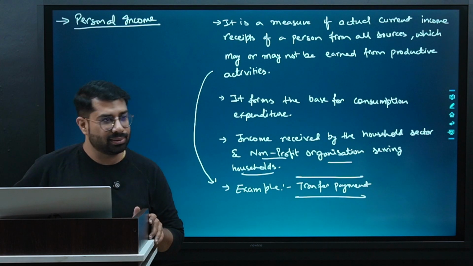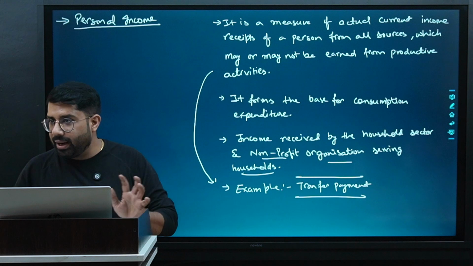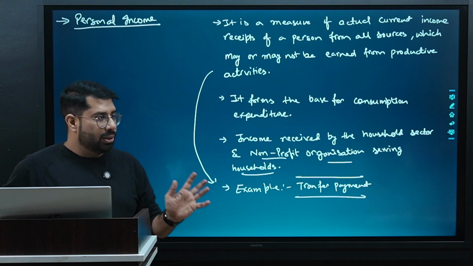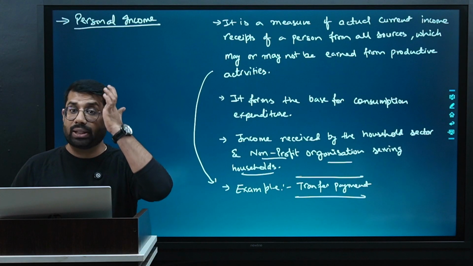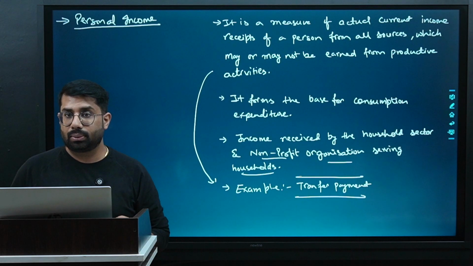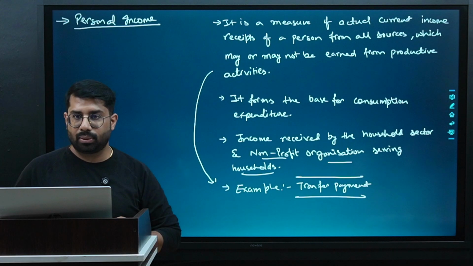Clear hai? सही है? I have related it with Section 8 company law. Reason being, you will be able to connect with it very easily. आराम से हो जाएगा वो. Yes. Say it as income received, but that is transfer payment.